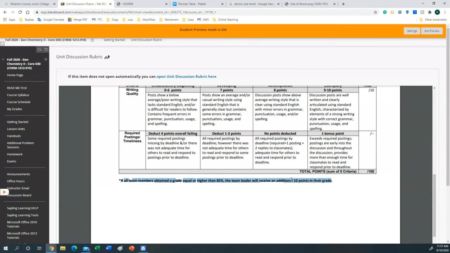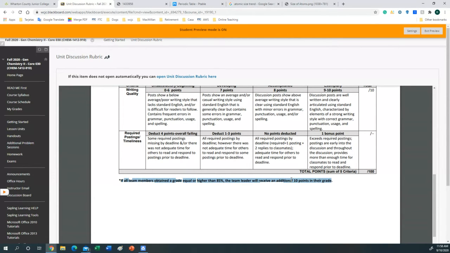So part of the success of the team members relies on the team leader, not all, because I know there are some people that are harder to work with, right? And since that is not the team leader's fault, there is no penalty, right? So this is just extra.